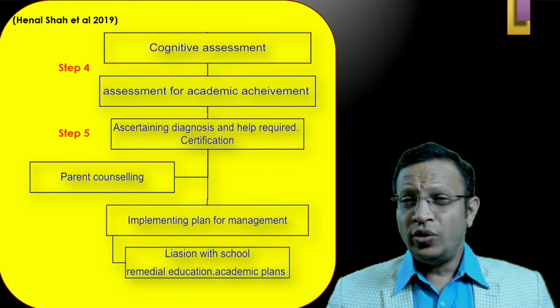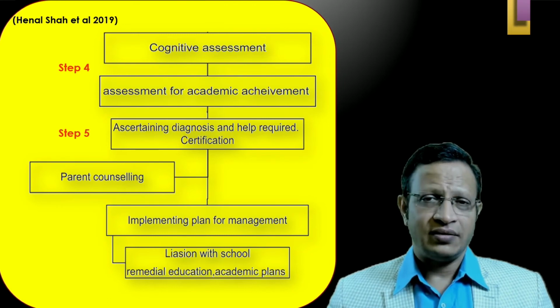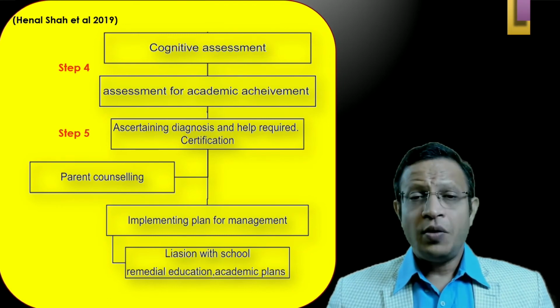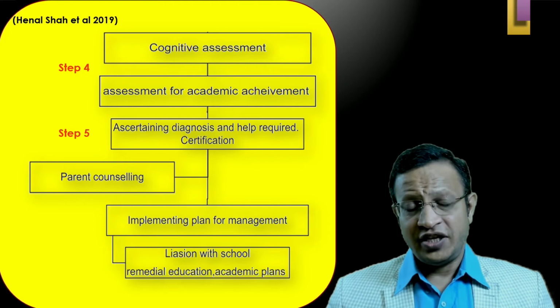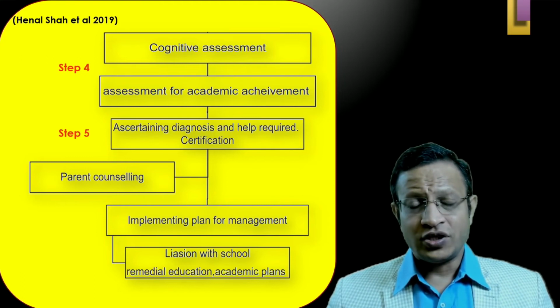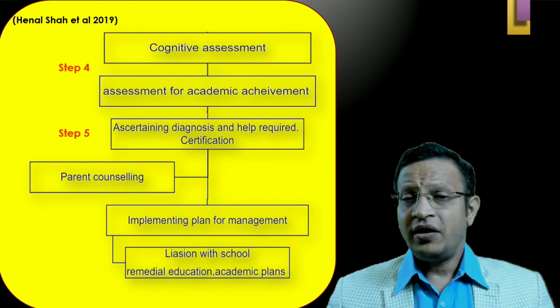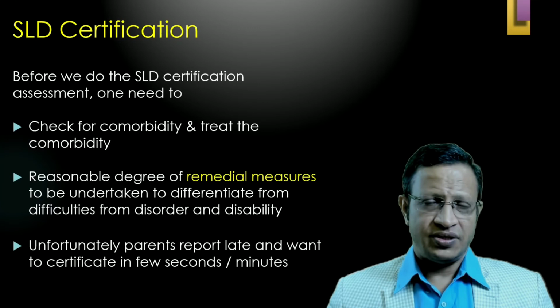You need to plan with minimal displacement of the child. That is very essential so that modification and accommodation can be planned and the child is displaced very little. If in spite of that the child does not improve, then only should the child be referred to special educators or for institution-based remedial measures.